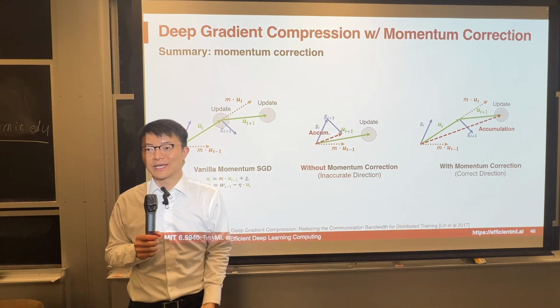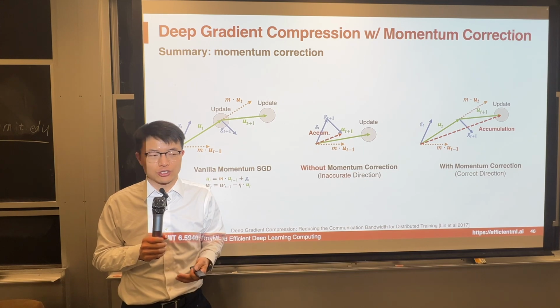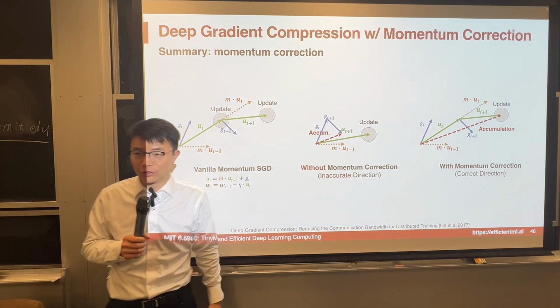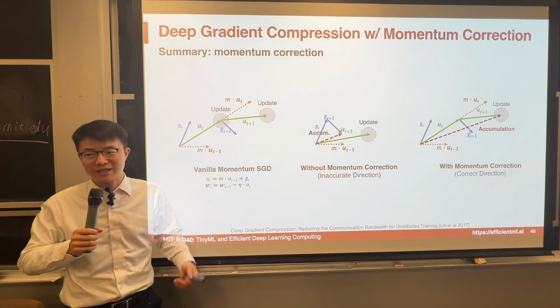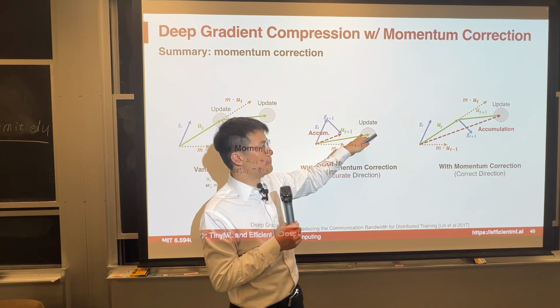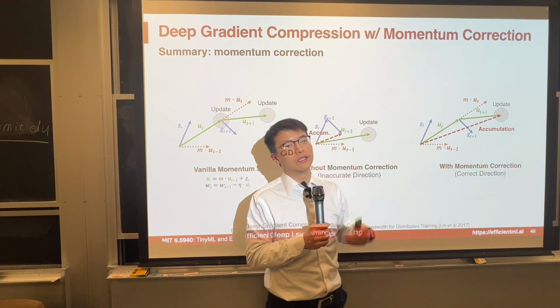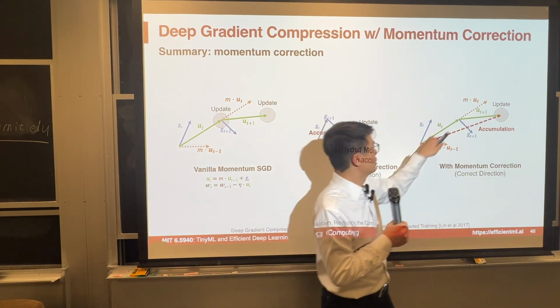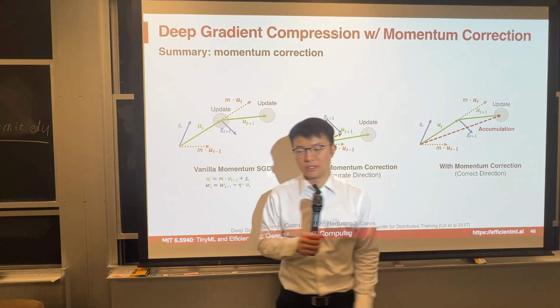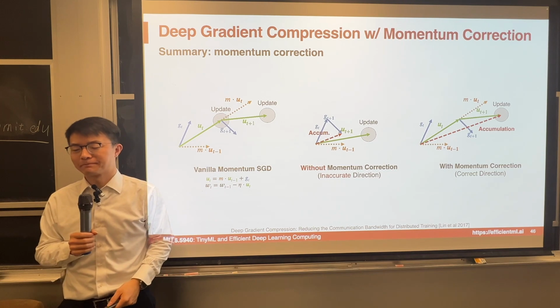We are directly accumulating those small gradients which didn't exceed the threshold, and as a result, they didn't get sent out, accumulated locally, and go in the wrong direction. But if we accumulate the velocity rather than accumulate the gradient locally, we can match the trajectory during multiple steps of SGD.